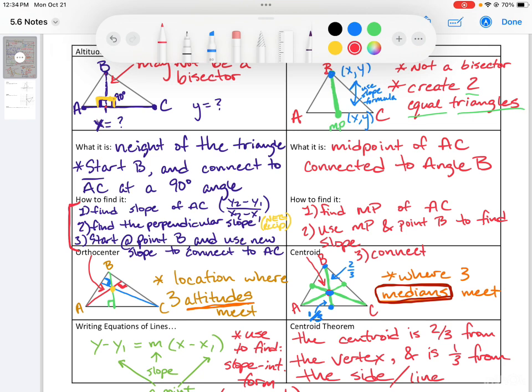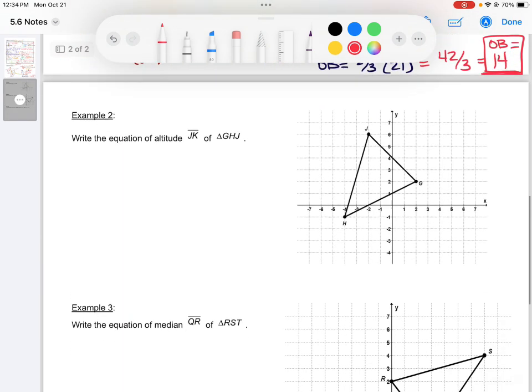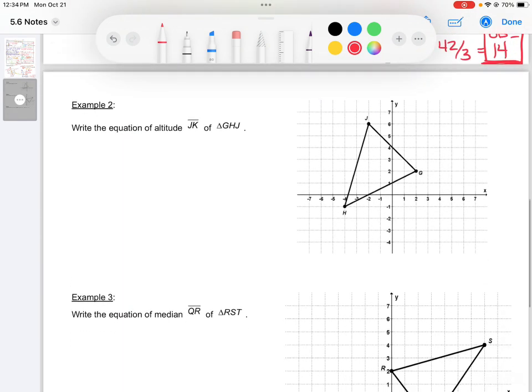All right, and we have our 3 steps here of how to find it. We're going to find the slope, then find the perpendicular slope, and then we're going to start at point J and use that slope to connect.